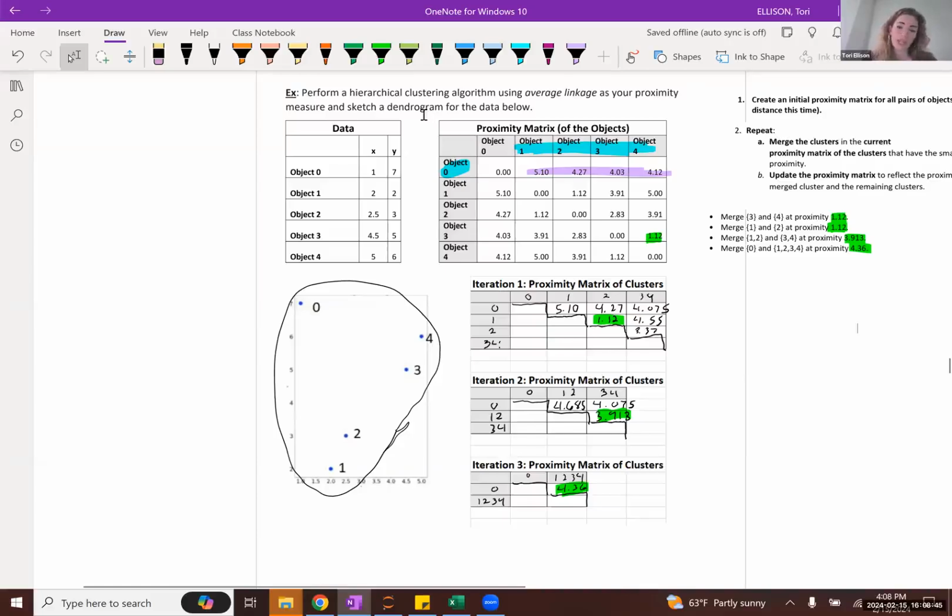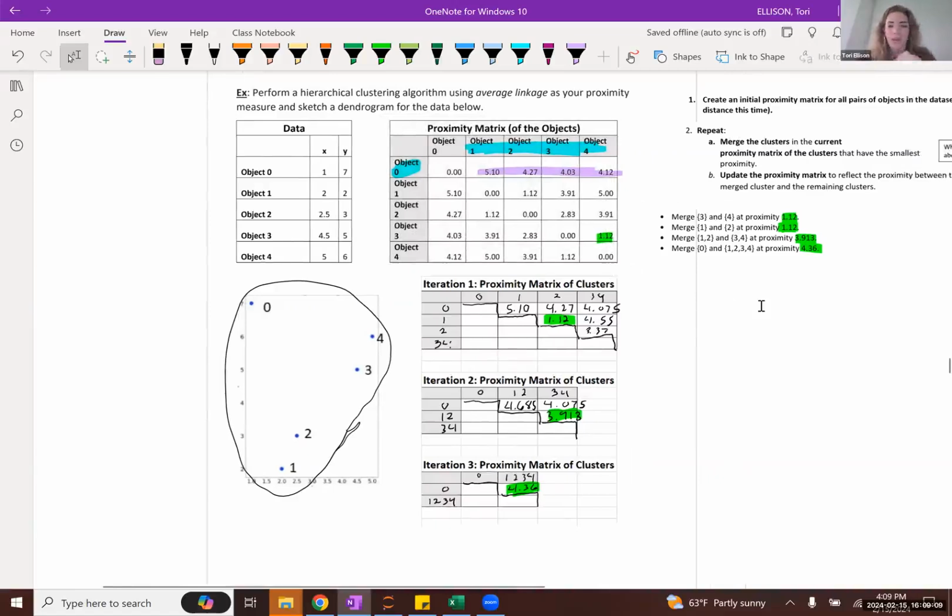The only thing that would change is how you constructed this initial proximity matrix. You could use like the L1 norm, for instance, but then basically every other step would be the same, because your subsequent proximity matrices of clusters would be based off of this L1 norm proximity matrix.